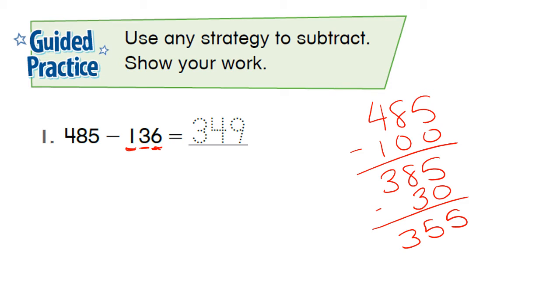So 355, I'm going to subtract a 5 to get to 350. And what I have left to subtract is a 1, because 1 plus 5 equals 6. So my difference, what I found out, was 485 minus 136 is equal to 349.